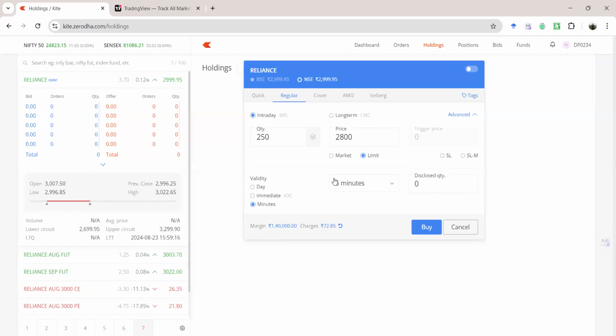Now, when we are taking intraday trades, it shows margin. What is the meaning of margin? Suppose we have 1000 rupees cash in funds, and we have shares worth 10 lakh rupees.